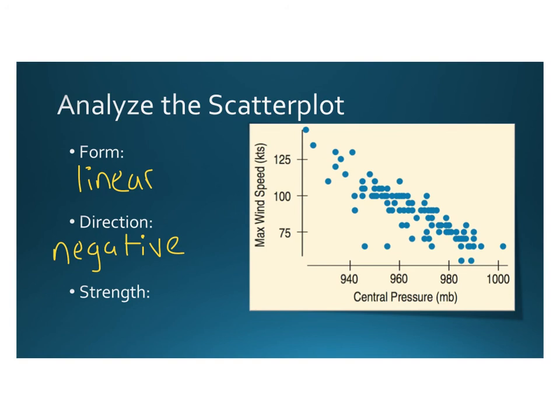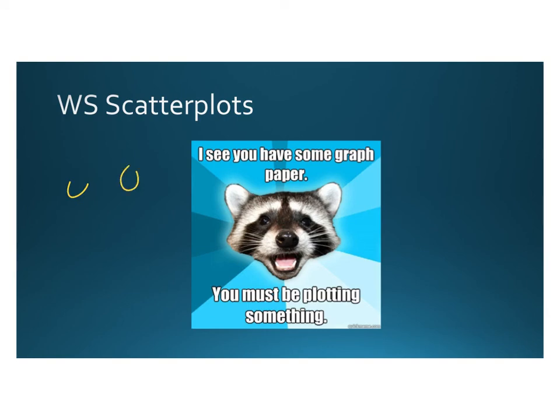And then for strength, we can clearly see a line, but we have a few of these points that are off the beaten path. So I'm going to say this one is a moderately strong association. And that's it. You're ready for some practice.